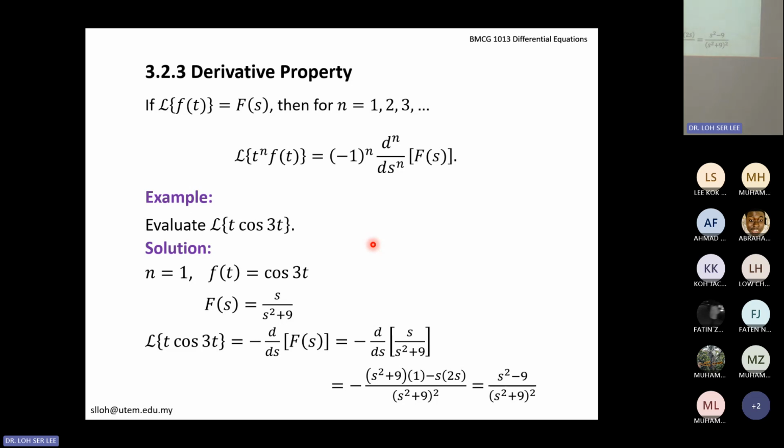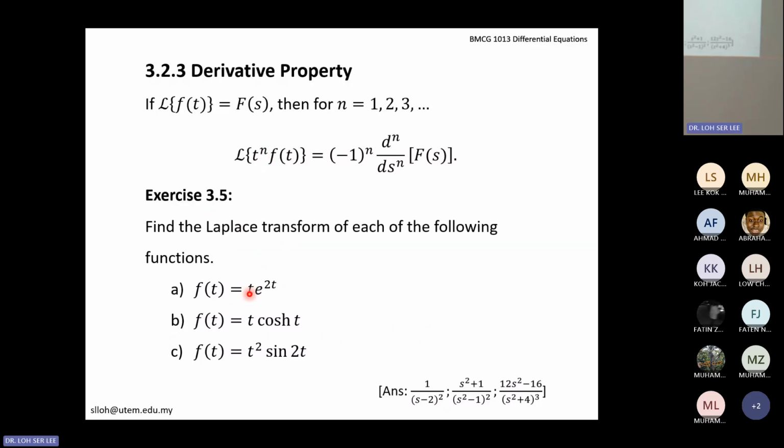So when we will use this one, t to the power of n times f(t). This is the formula. So when you see a product function where one of the functions is t to the power of n, then we will use this formula. Okay, I give you some examples.